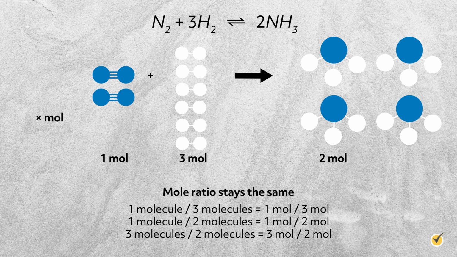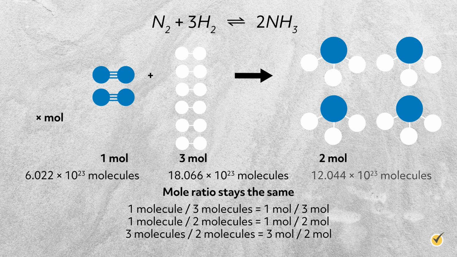So when we say that 1 mole of nitrogen is needed to react with 3 moles of hydrogen to make 2 moles of ammonia, we're saying that we need 6.022 times 10 to the 23rd molecules of nitrogen to react with 18.066 times 10 to the 23rd molecules of hydrogen to make 12.044 times 10 to the 23rd molecules of ammonia. While those are much larger numbers than 1, 2, and 3, the ratio is maintained between the molecules.